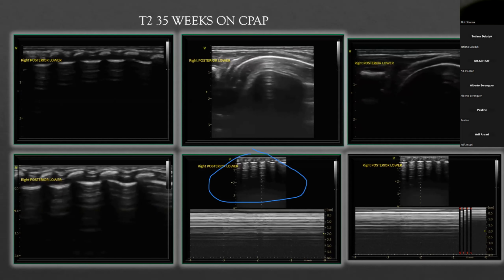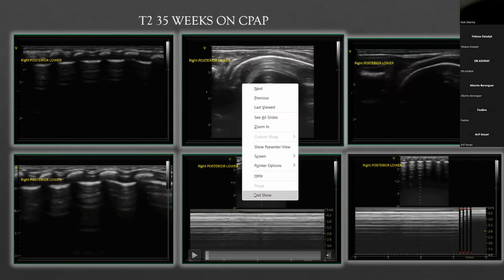Dr. Ashraf, you can't make this larger, can you? The middle one? I can stop, I can make it larger. Sure. Okay.